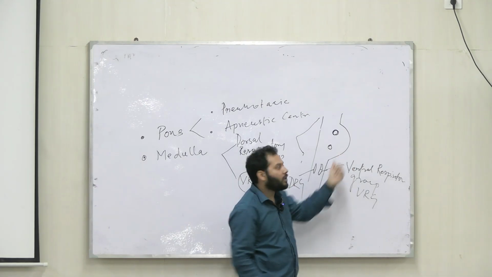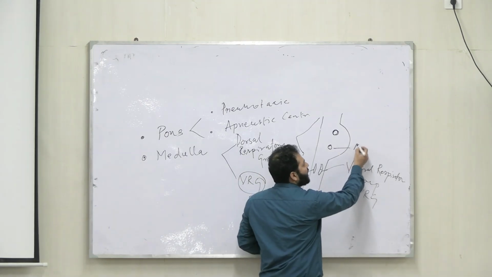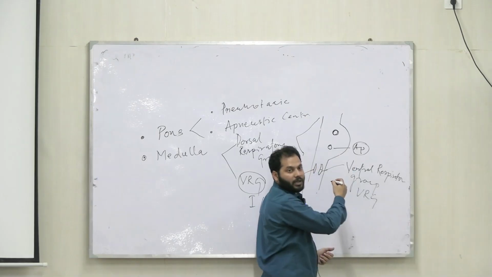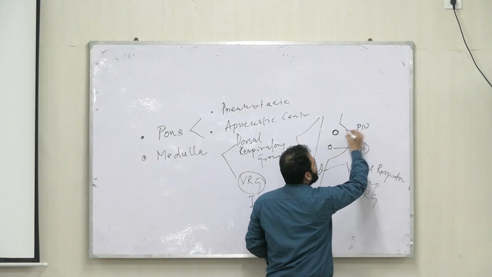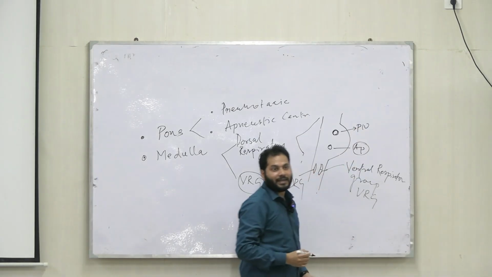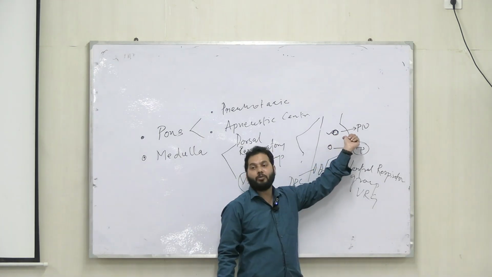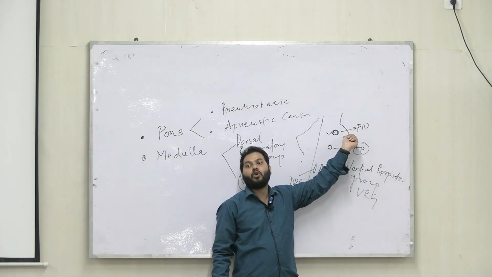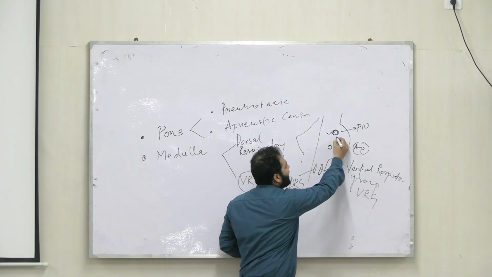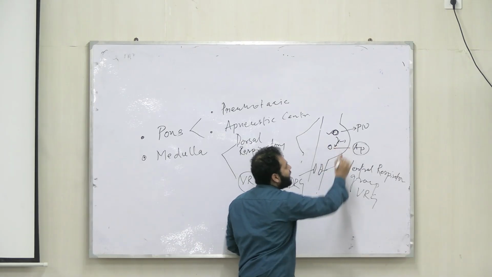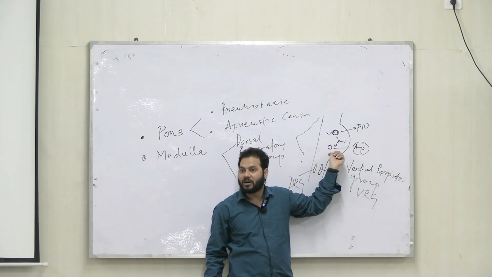Am I clear? So it is the apneustic center, it is the pneumotaxic center, right? As I mentioned, what is the mode of action of this pneumotaxic center? The mode of action is it inhibits the activity of the apneustic center, right?